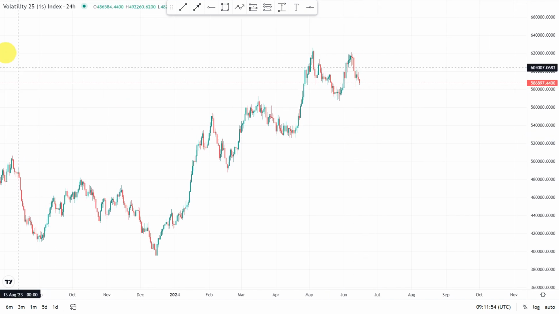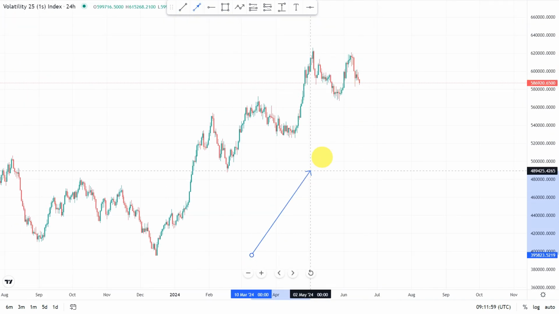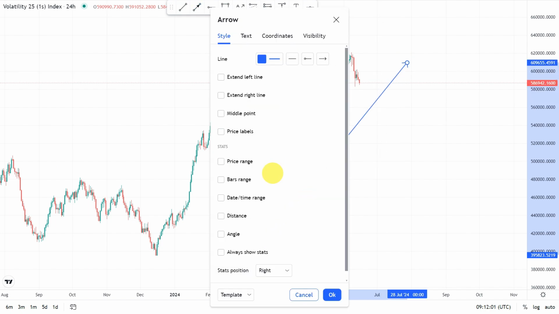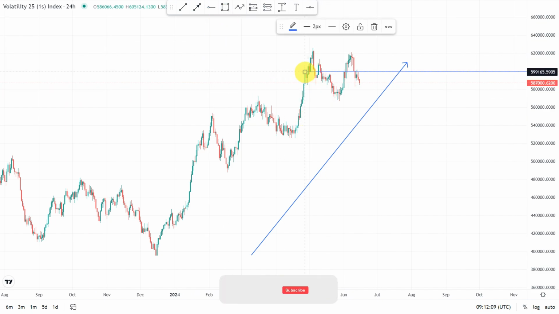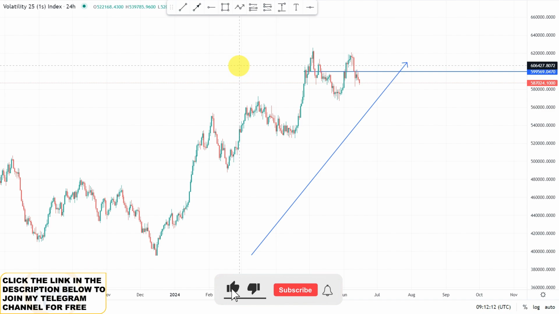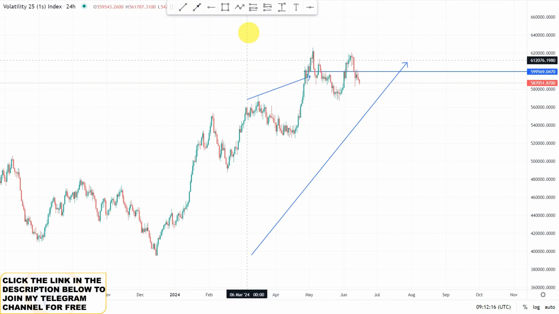Now looking at the daily time frame on this pair right here, we can see that this market was moving in an uptrend, and that can be seen by this series of higher highs and higher lows. The moment the market broke this point right here, we said, okay, the market has provided us with a shift of the market structure. What is a shift of the market structure? It simply means a change of series.